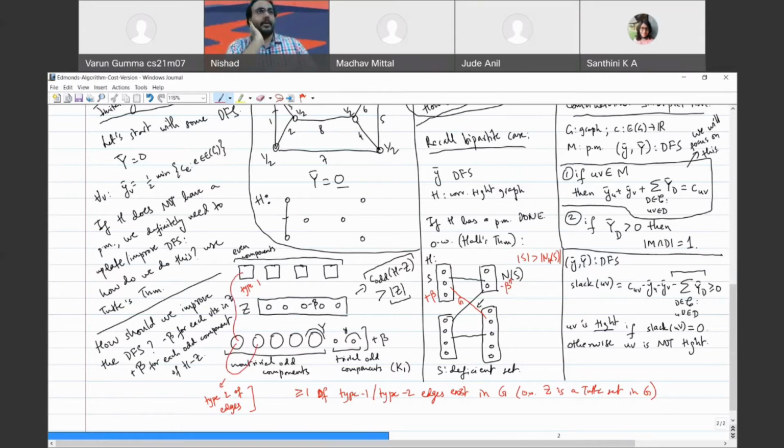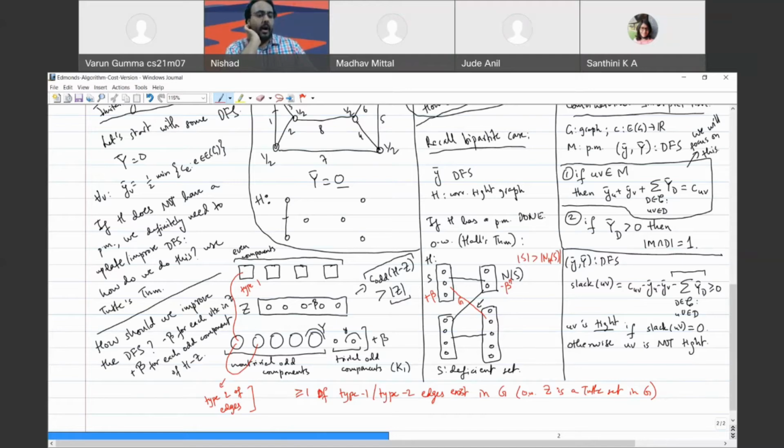All right. Are there any questions or concerns at this point? All right. So now I want to ask you, how do we use these type 1 and type 2 edges to define our beta? Because remember, in the bipartite case, we looked at the slack of all the red colored edges and we took the minimum slack, right?